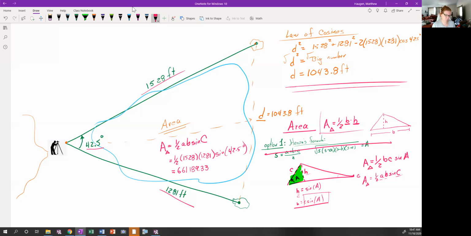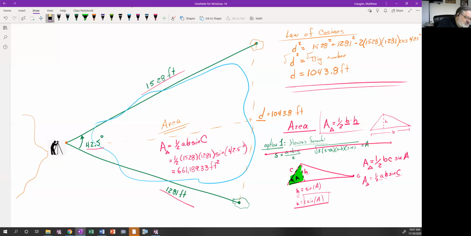How about 3.3? So 600,000 some odd. Cool. And that was basically what it was using Heron's formula as well. A lot nicer, right? A lot easier.